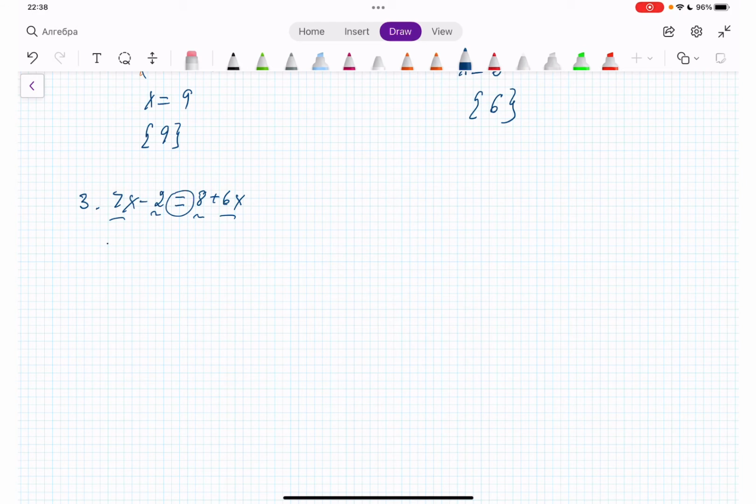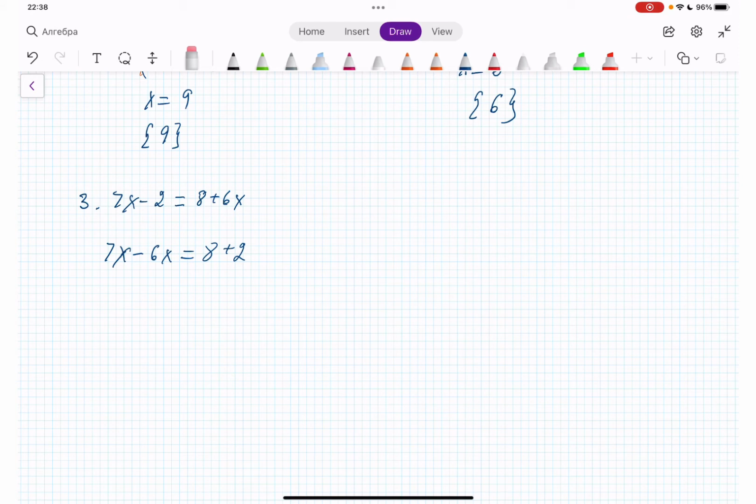So let me move 6x. Since I move 6x to the other side, it's going to become negative 6x, equal to 8. The 2 is negative, once I move it here, it will be positive. Yes? Let me clean this mess so the original one won't look messy.